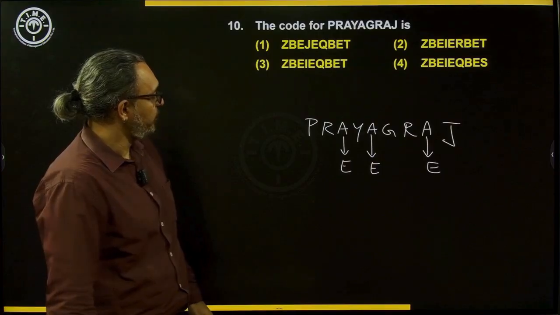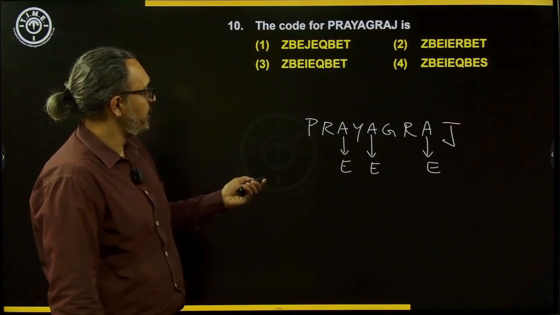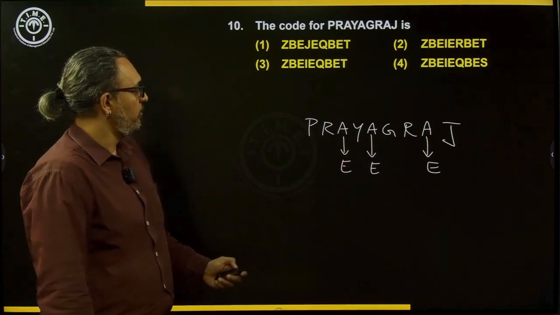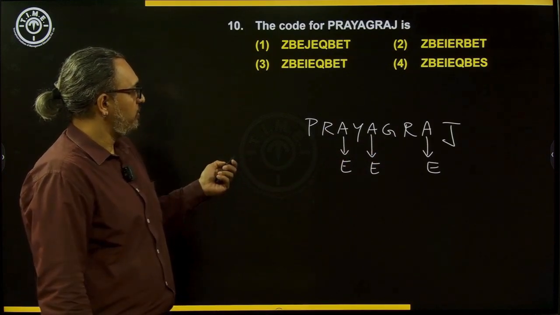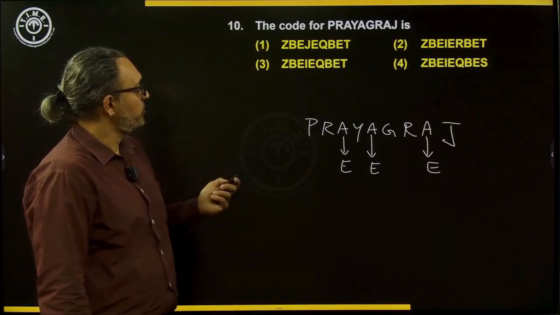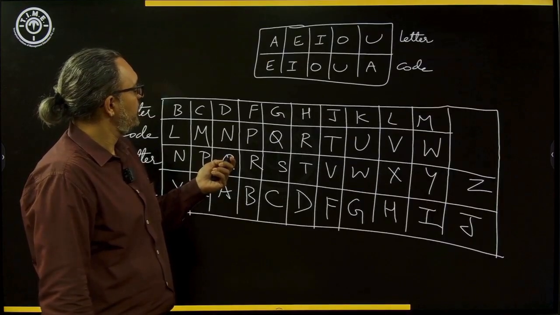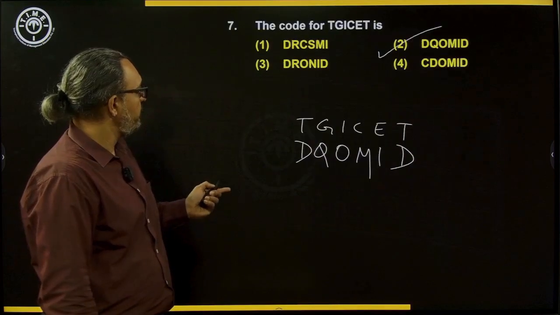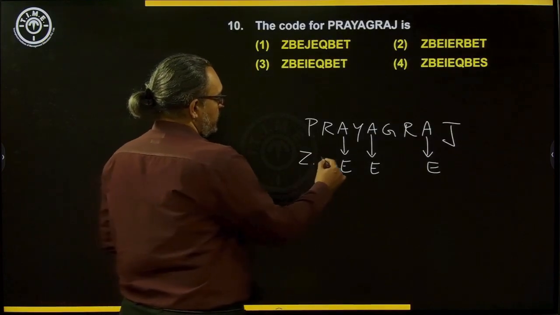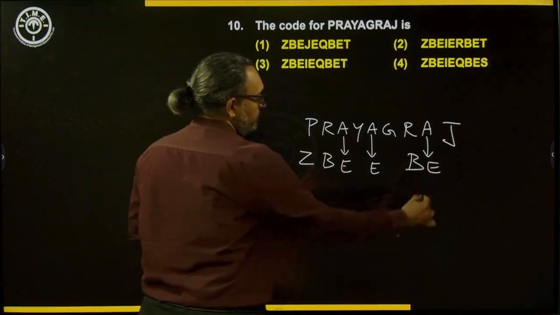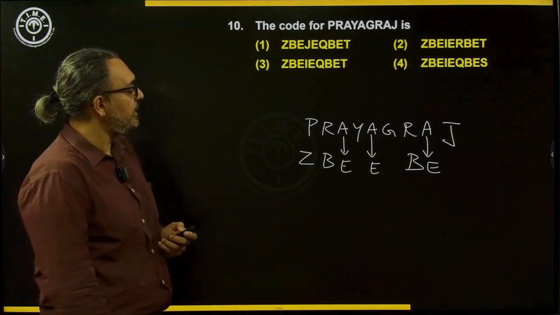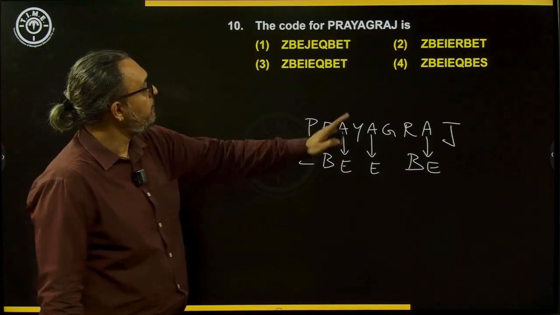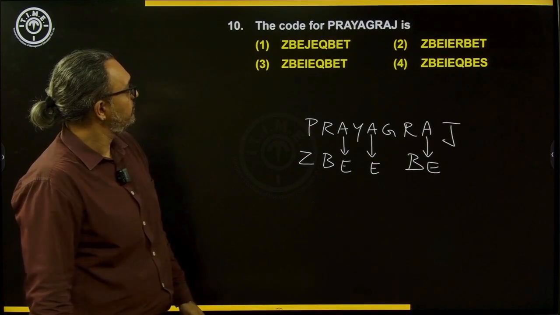Next we need to look at R. R is repeated. R is B, P is Z. So ZB, ZBE and then EBE. That is still there.